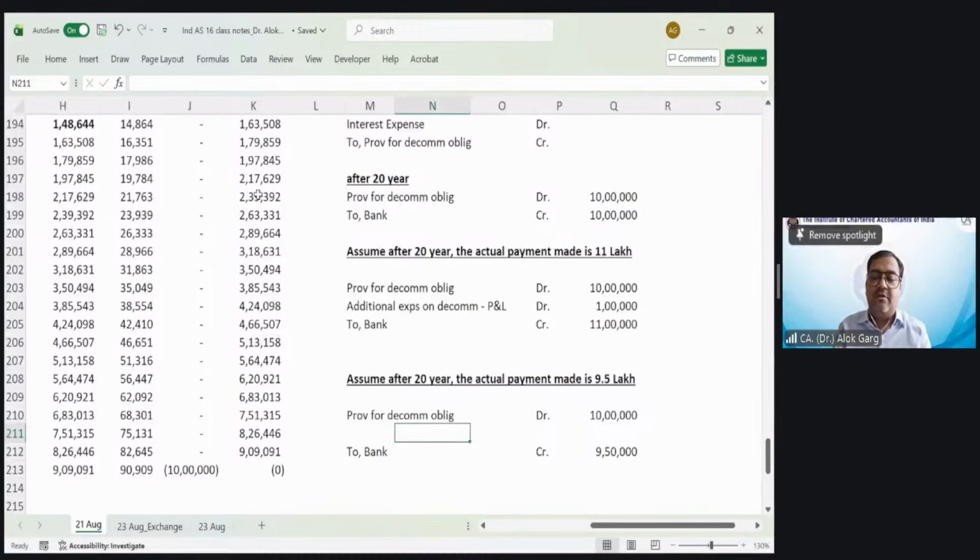So then your gain on settlement of decommissioning obligation is a P&L credit. Right? Clear? Is that clear to everyone?